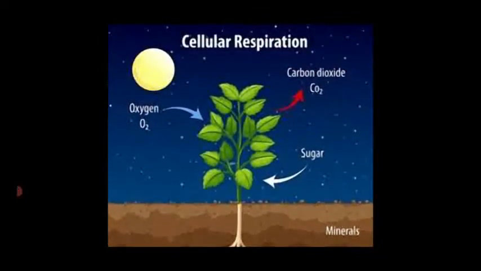So this process is called cellular respiration, where the sugar molecules the plants are getting come from the photosynthetic process. So this type of respiration is called cellular respiration.